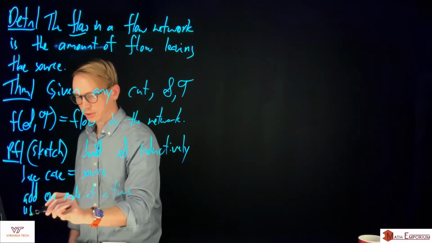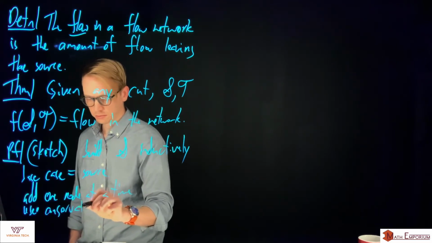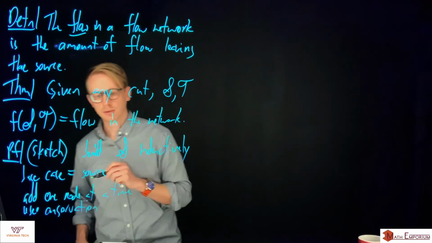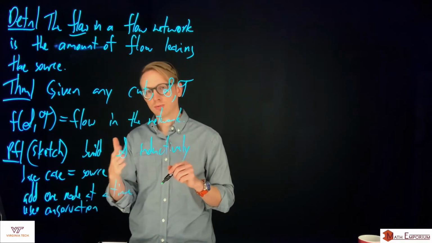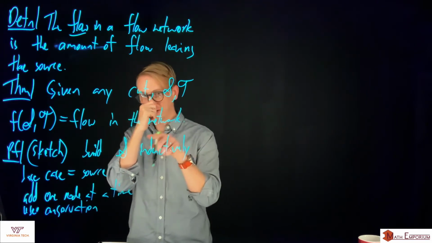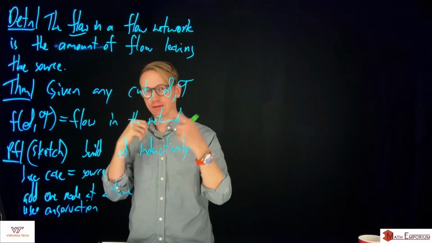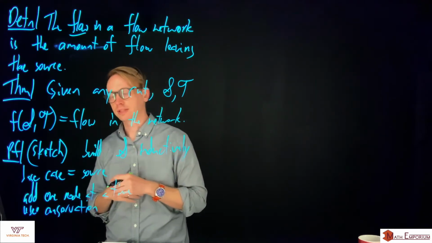And then you use conservation. Because every flow is conservative at the nodes, you can't actually create any more flow or reduce any. And so that flow number remains the same every time you add a node. All right. And so you can build all S, T cuts this way.